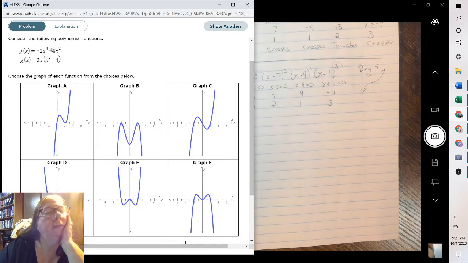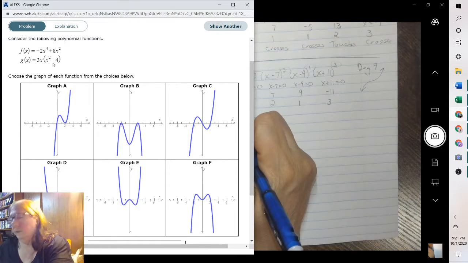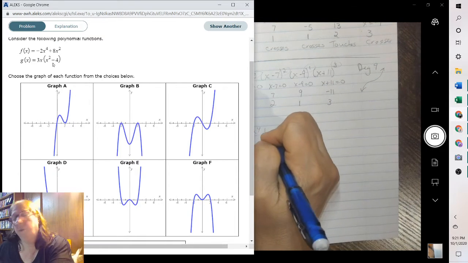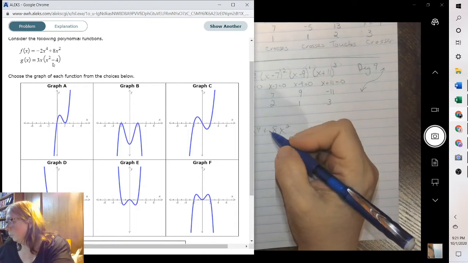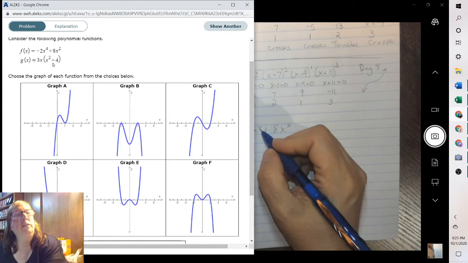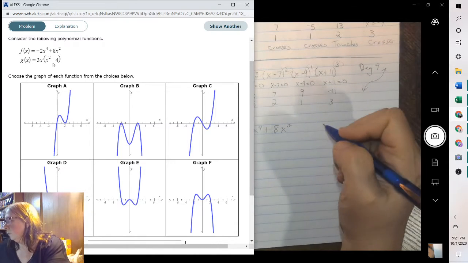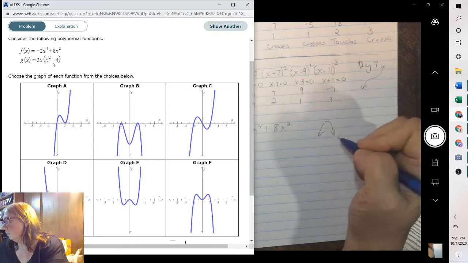Well, if we look at this one, the first one, we have negative 2x to the fourth plus 8x squared. Well, we know it's a parabola because its degree is 4. It's a negative, so it's both going down.